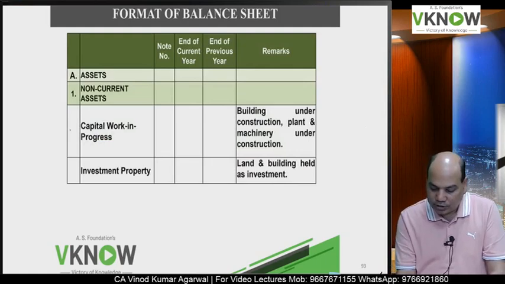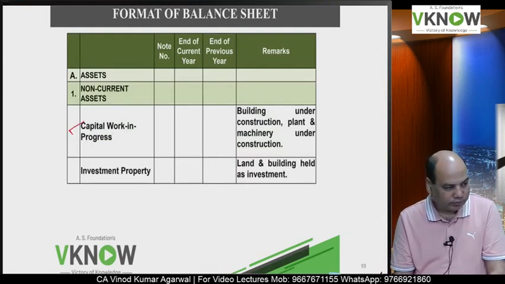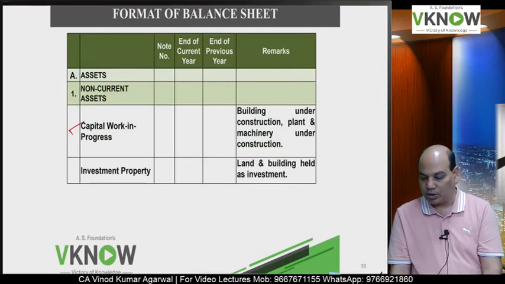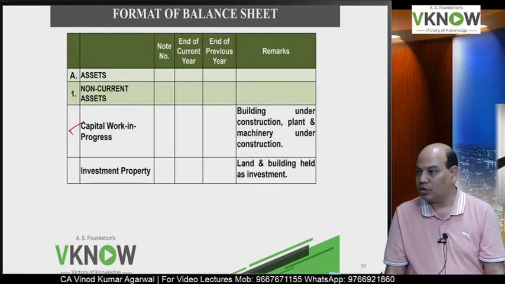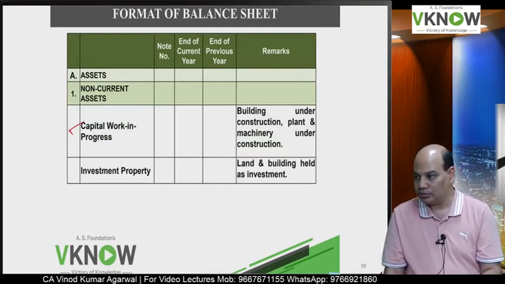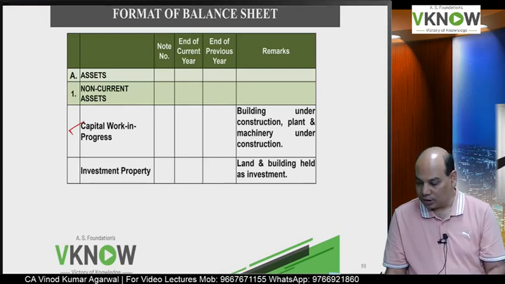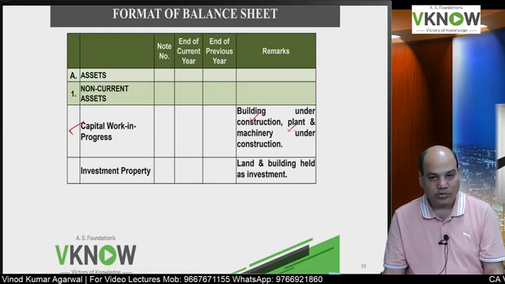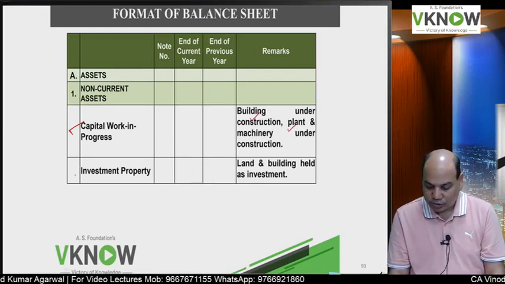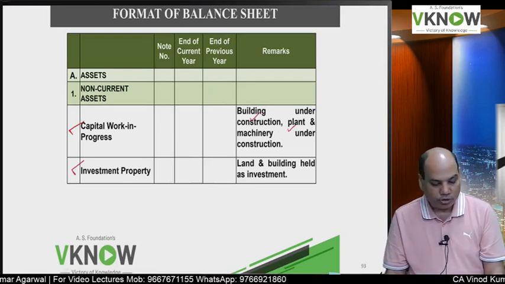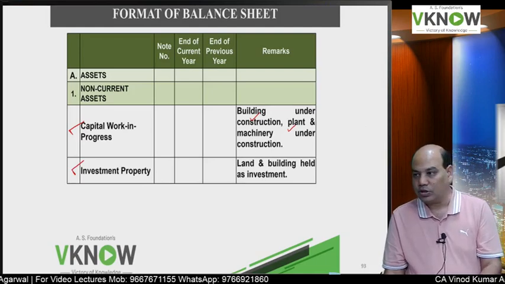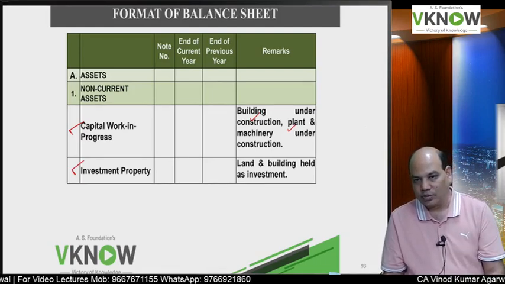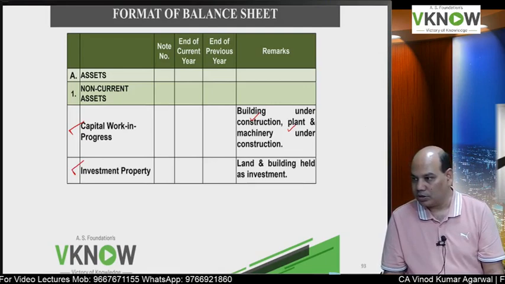Then the next item is capital work in progress, which means those PPE items which are not yet ready for use. They are under construction, like building under construction, plant and machinery under construction. One more line item which you probably have not studied in intermediate is investment property.